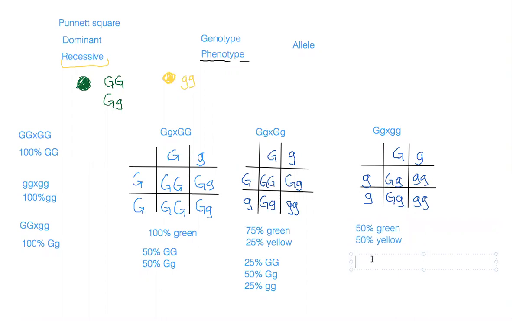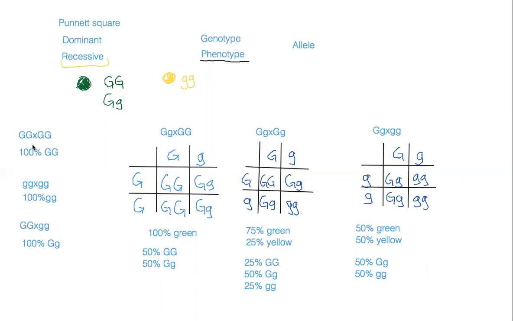Then for the genotype, the insides, we're going to have also 50-50. For the first 50%, we're going to have a heterozygous, and for the other 50%, we're going to have recessive homozygous. So those are the outcomes that we have.